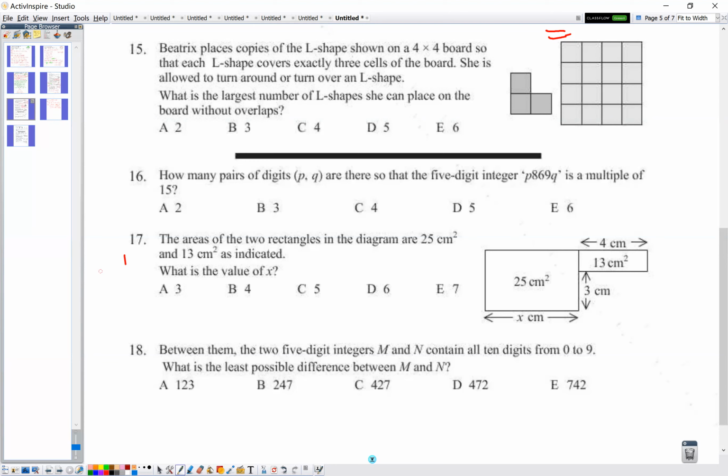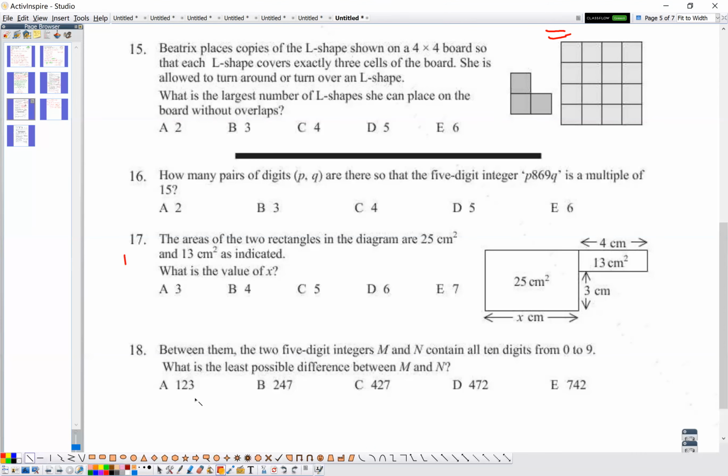Some answers are 4. So look at this. The question gives you a special L shape because it only occupies 3 boxes here. Let's see how this one works.